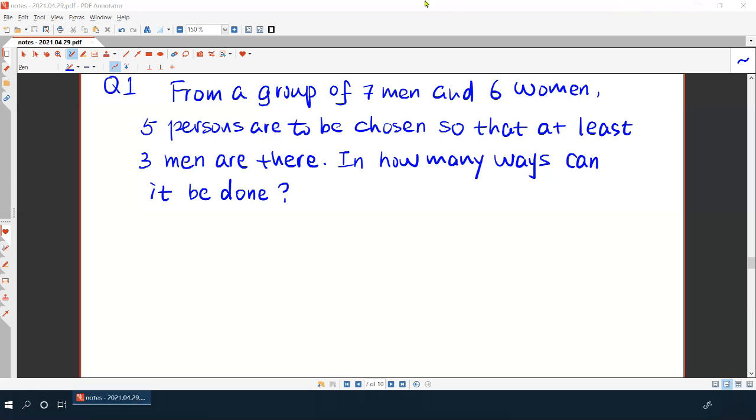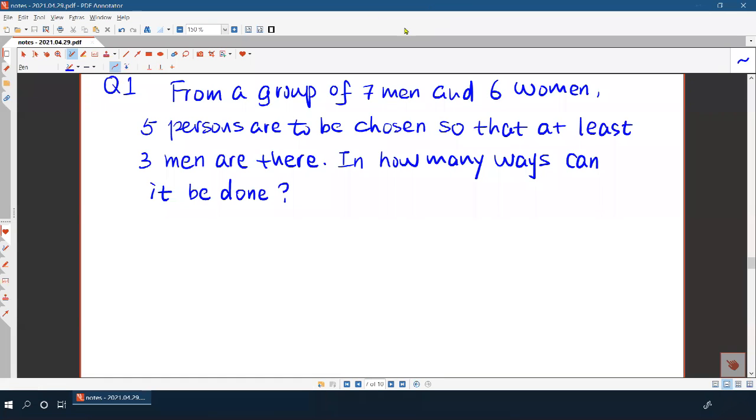Okay, have you finished? So how do we approach this problem? First of all, we can draw a diagram to help us understand this question, right? So we have a group of 7 men and 6 women, and the task is to pick 5 persons from these 13 people, right? The requirement is at least 3 men.